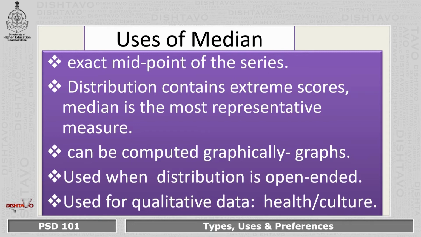So when data is given in the form of graphs, it is easier to compute the median. It is also used when the distribution is open-ended, and median is the best measure of central tendency when the data to be analyzed is more qualitative in nature, like for example referring to health or referring to culture.